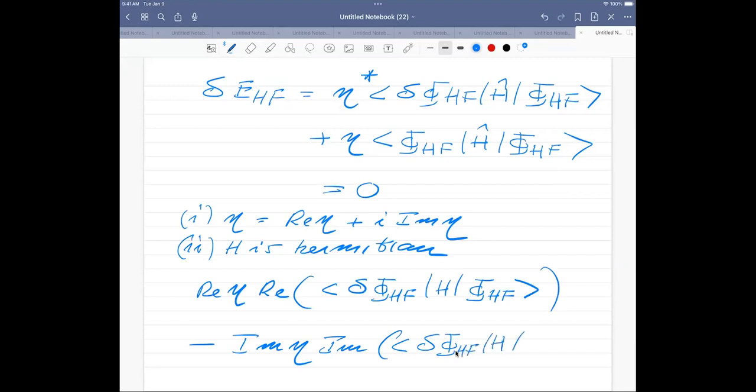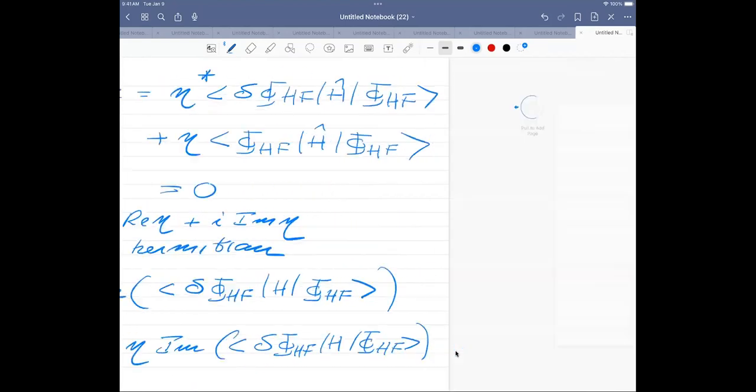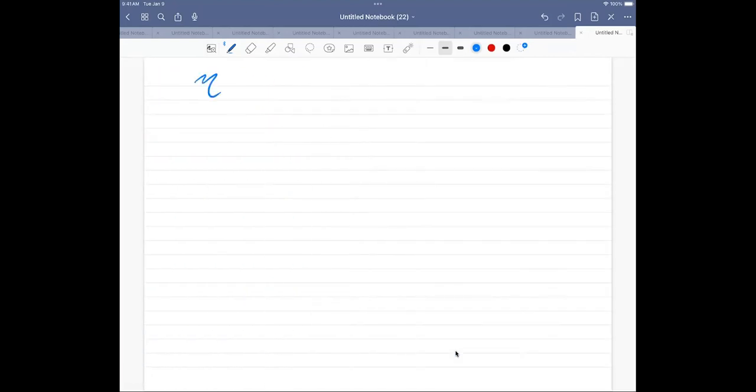It's actually not so difficult to show this if you use these two properties, the hermiticity and the definition of the imaginary part of the complex variable. We want this to be 0. And then, since eta is an arbitrary small constant, remember that eta is just a constant and it can be made arbitrarily small, it's just a variable we can choose.